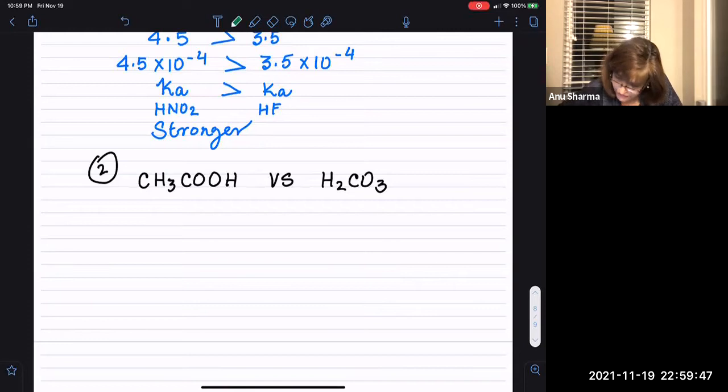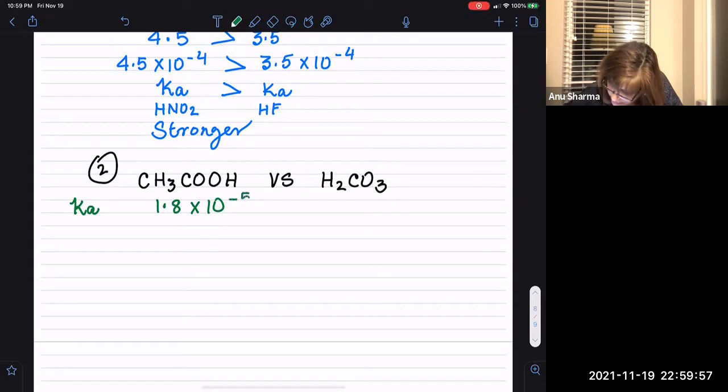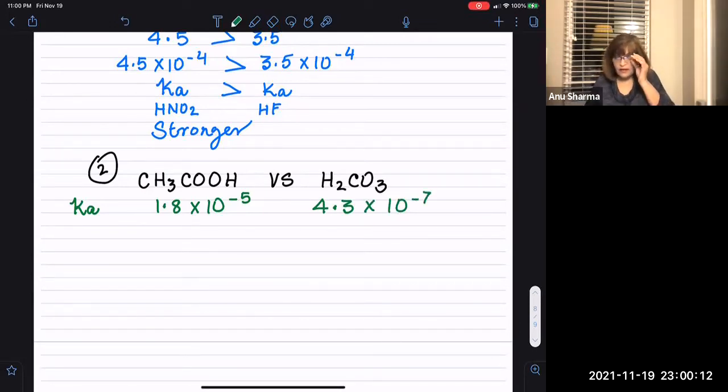The Ka value given is 1.8 into 10 to the power negative 5. Carbonic acid is 4.3 into 10 to the power negative 7.